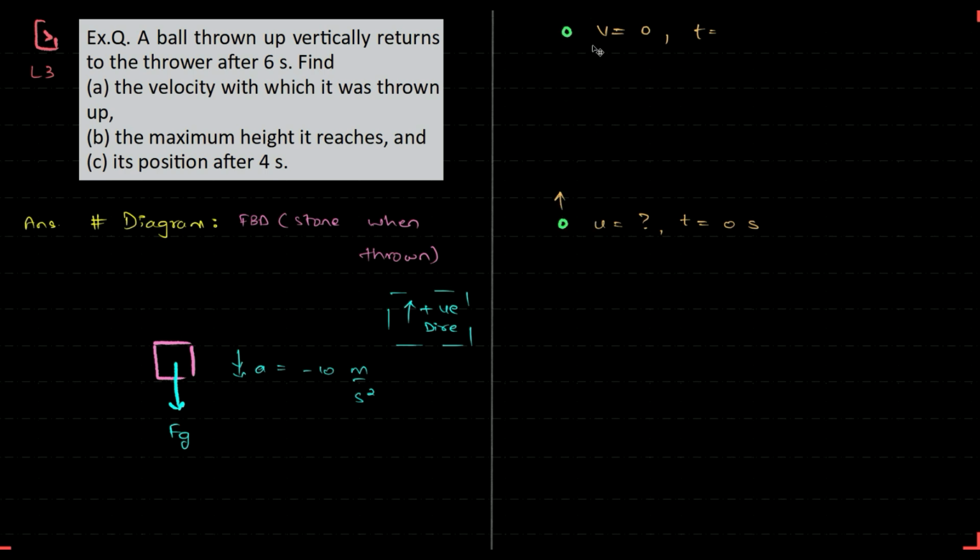But just for going up, how long will it take? What do you guys think? Just for going up. Yes, 6 by 2, that is 3 seconds. Okay guys, that calculation we have to show. I'll write it over here.